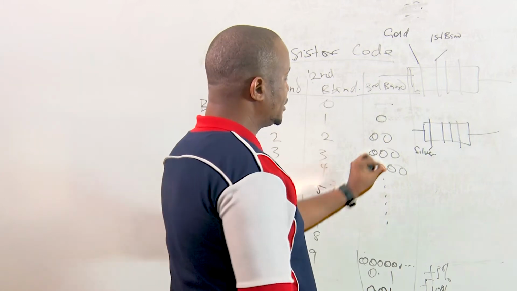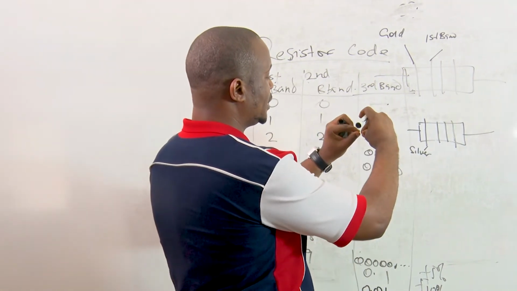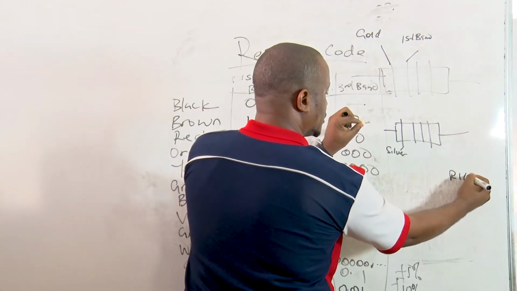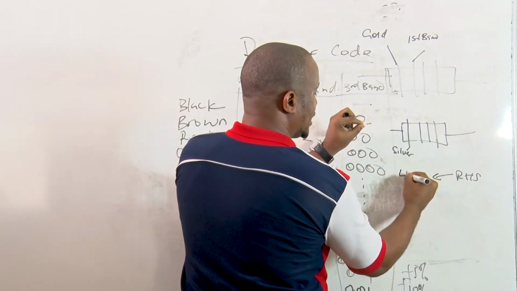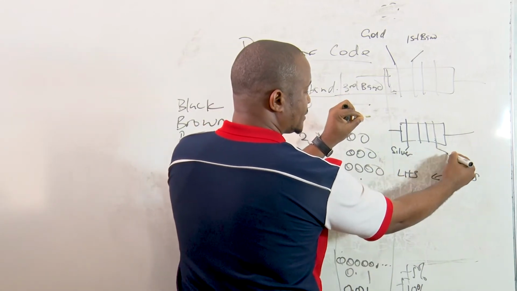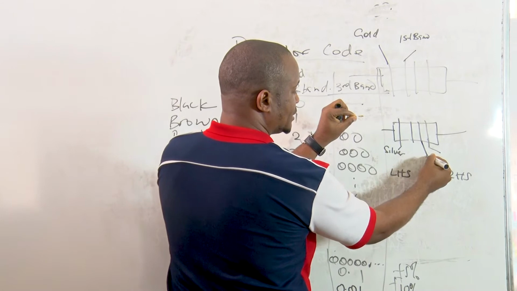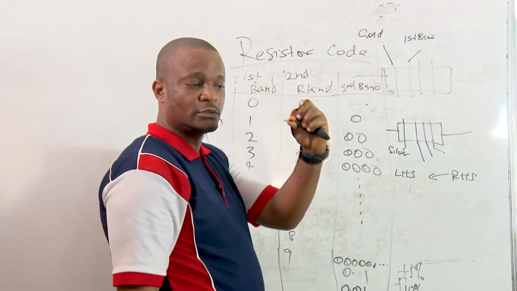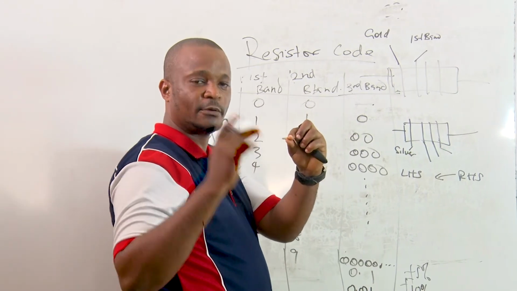So when you hold this with your left hand, you read from right hand side to your left hand side. So this will be your first band. This will be your second band, and this will be your third band, while holding it on your left. You read from right to left.